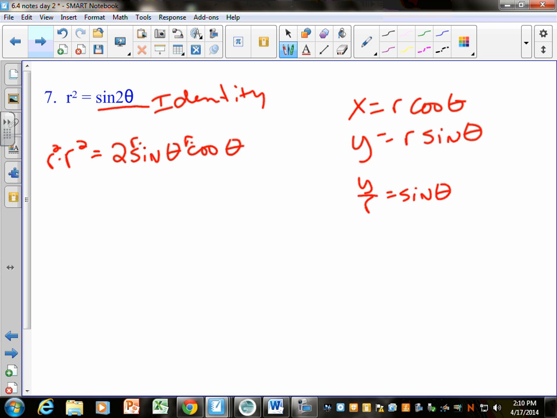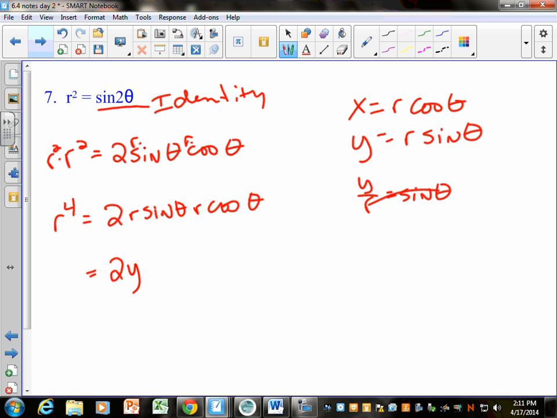So I replaced sine and cosine with y over r and x over r, and I multiplied it over, and I got the same answer. But I think Colin's way maybe makes more sense with what we've been doing than my crazy way. So I'll go Colin's way. Because now I have 2r sine theta, r cosine theta. His is more direct substitution, I think, than my crazy way.